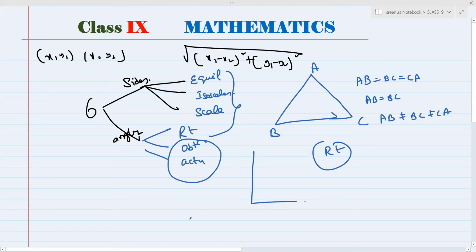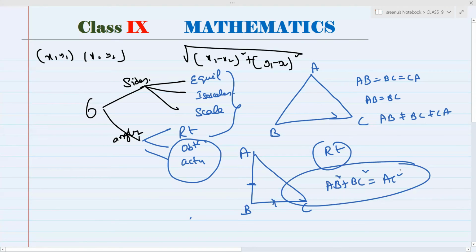The hypotenuse square is equal to side square plus side square. Taking ABC, the sum of squares of the two short sides is equal to the square of the long side. The long one is the hypotenuse. So we shall remember all these points to proceed with the question.